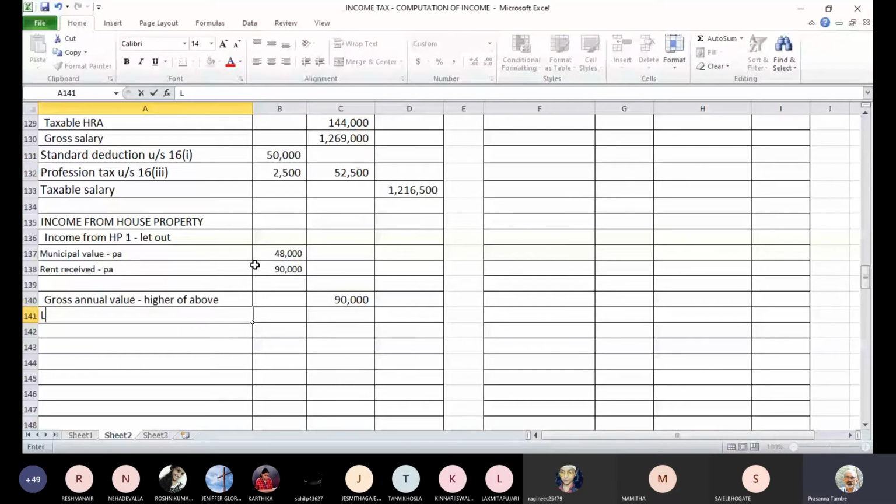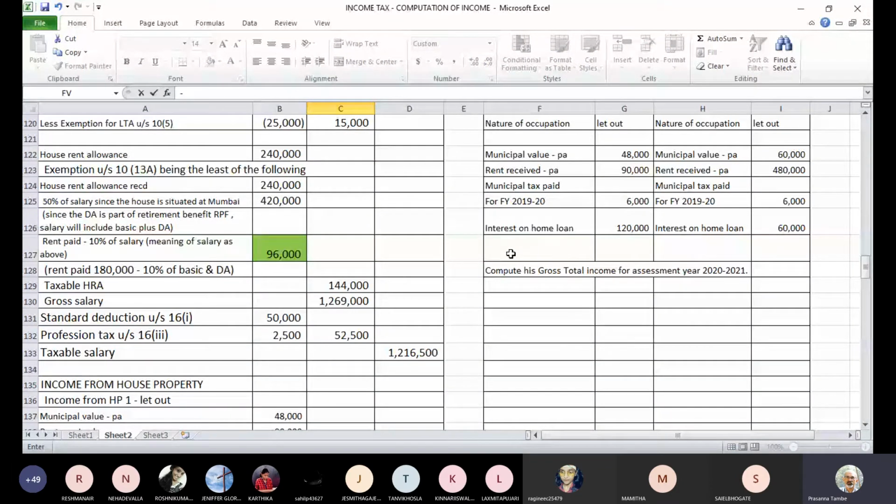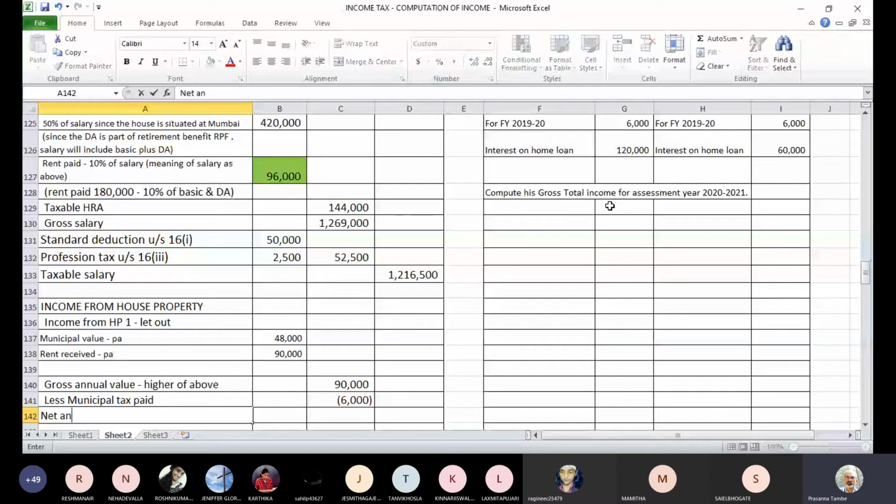Less municipal tax. We have municipal tax payment, which is given for this property, which is 6,000 rupees. Net.